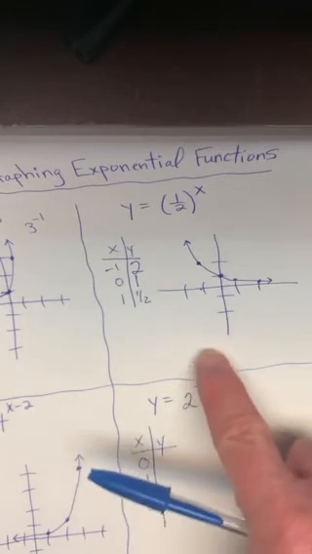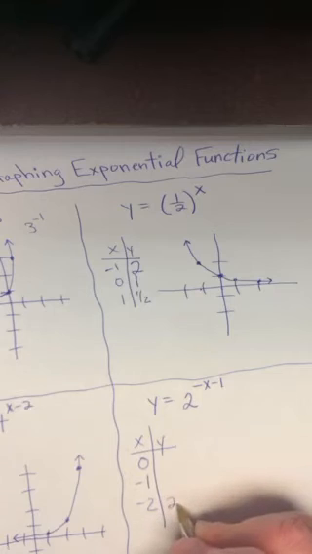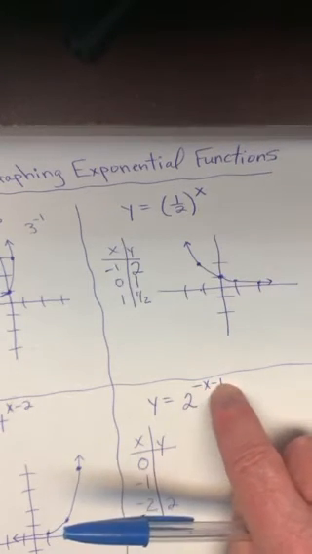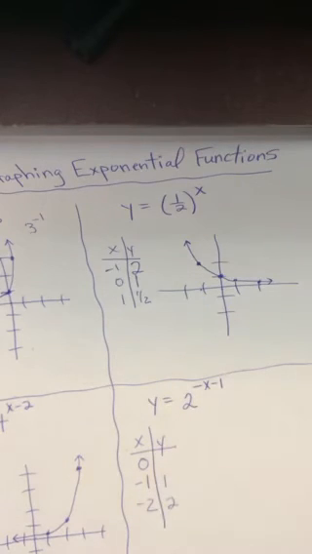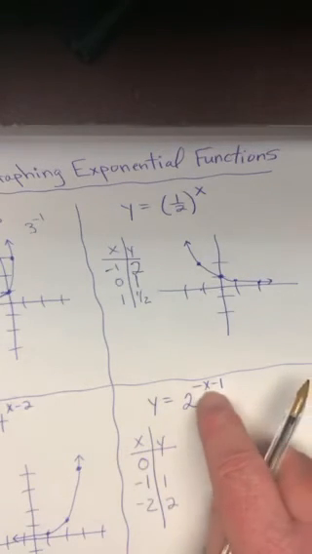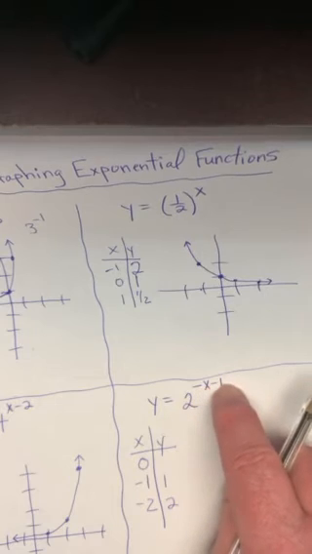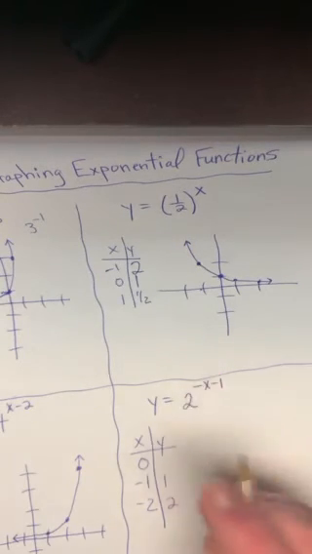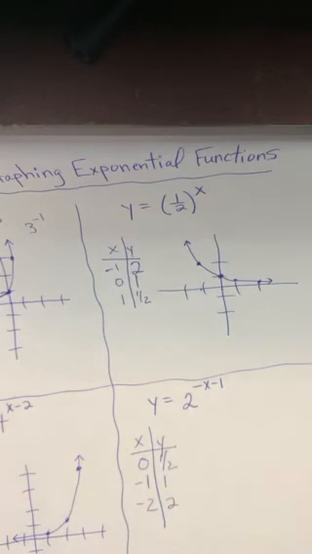And we know 2 to the first power is 2. When we plug negative 1 in, we created a power of 0, meaning my y-coordinate's 1. Plug 0 in for x, I'd have 0 minus 1, which is negative 1. And 2 to the negative first is 1/2.